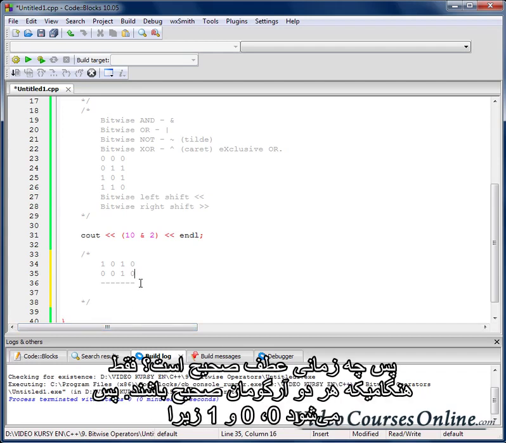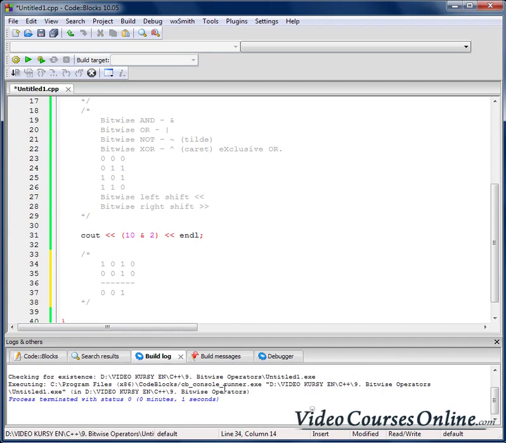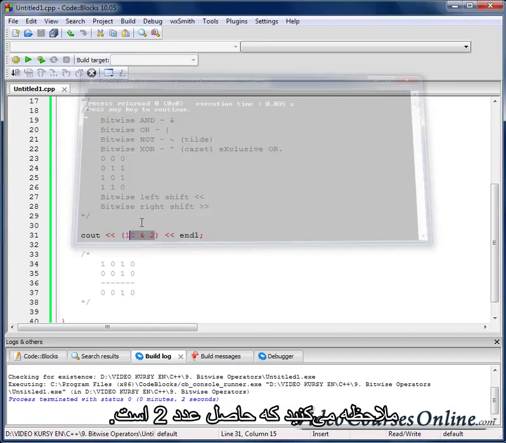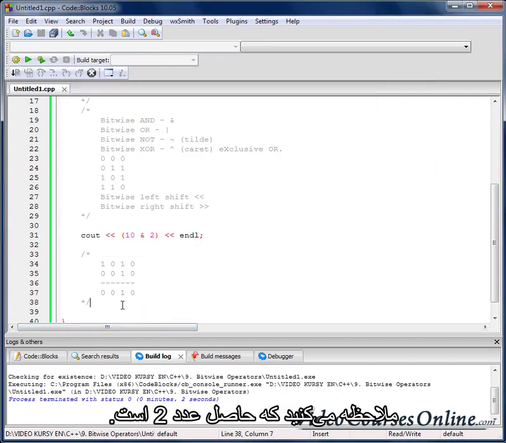So conjunction is true only when both arguments are true. So 0, 0, and this one is 1 because we have true, true, and 0. So what is going to be here? It should be 2. As you can see, the result is 2.